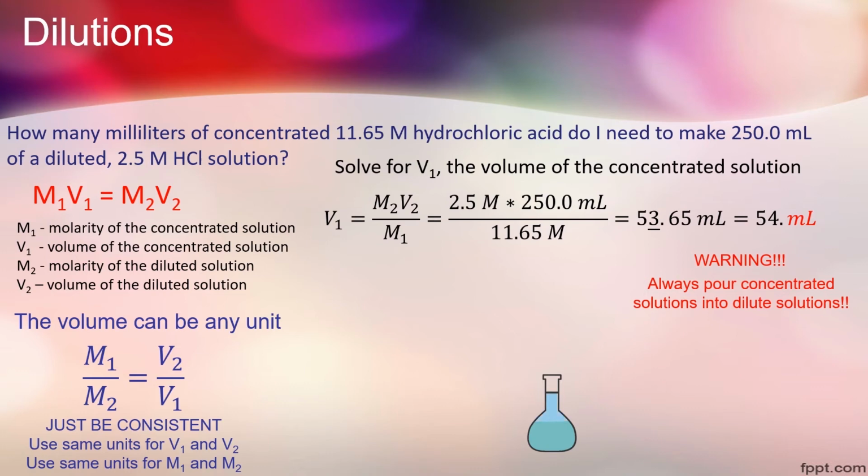We then fill the flask to the 250 milliliter mark with more water. And we finish by capping the flask and inverting it 10 to 15 times to make sure the solution is thoroughly mixed. And now we have 250 mL of a 2.5 molar HCl solution.